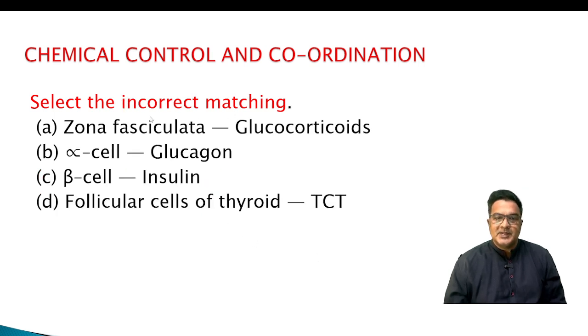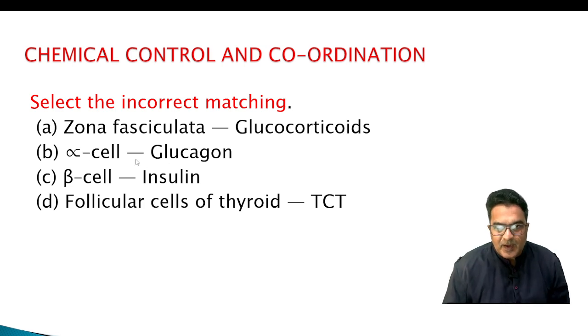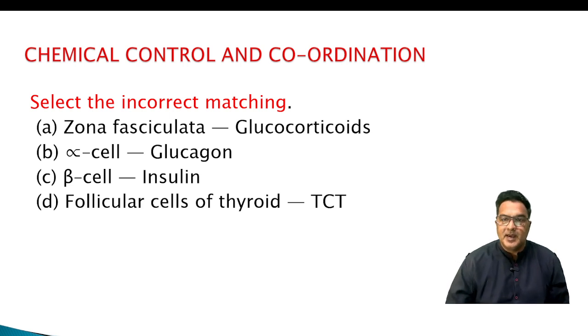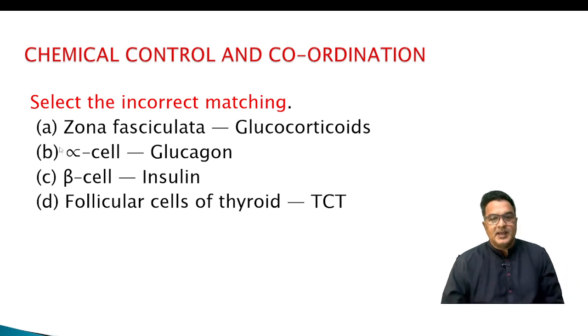Select the incorrect matching. Zona fasciculata glucocorticoid, alpha cell glucagon, beta cell insulin, follicular cells of thyroid TCT. Zona fasciculata of adrenal cortex secrete glucocorticoids, that's true.